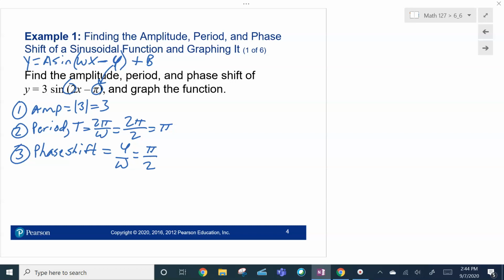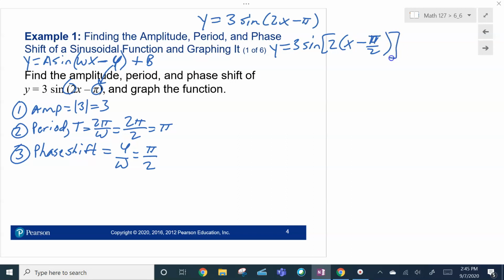You might want to think about your transformations here. Let me write this a different way. Y equals, by factoring out the 2. If I factor a 2 out, when I distribute it back, I'd have pi halves right there. This is the exact same thing as 2x minus pi.